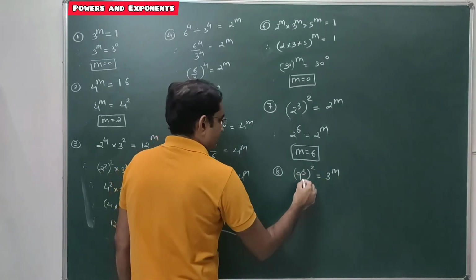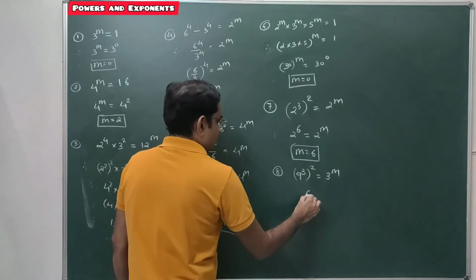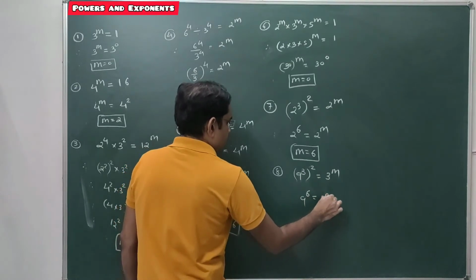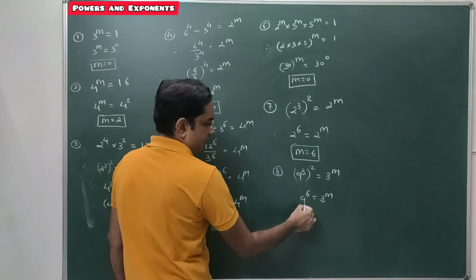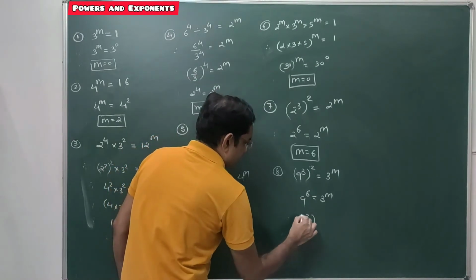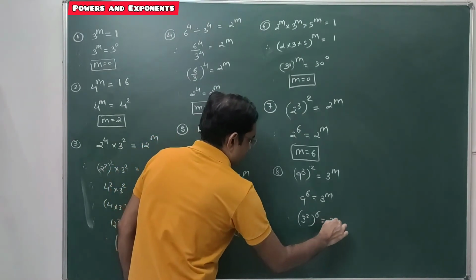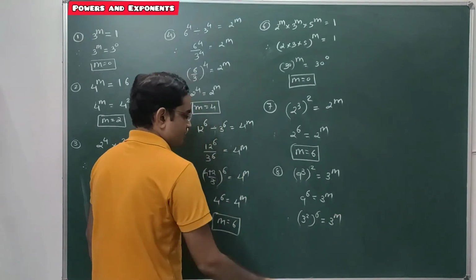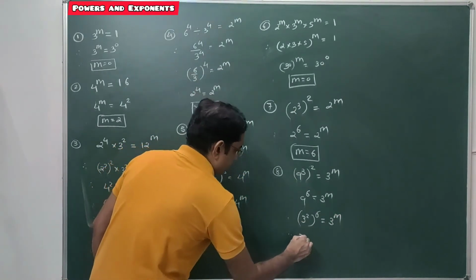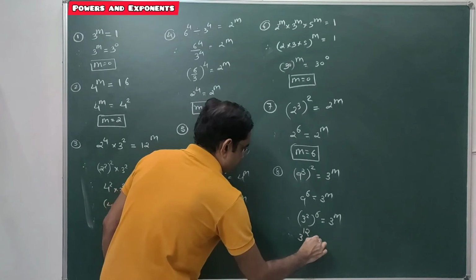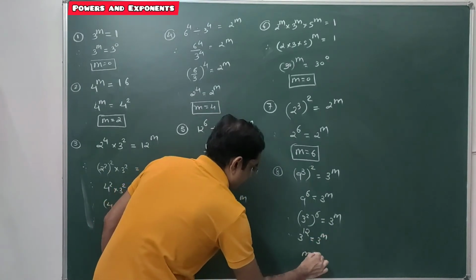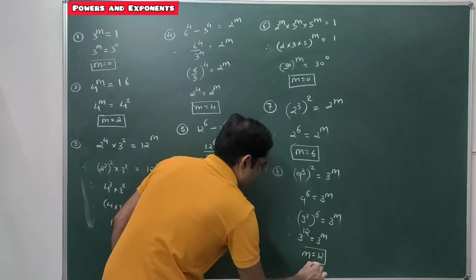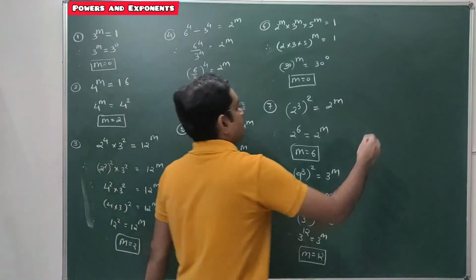So 9 raised to 3 times 2, 9 raised to 6, equal to 3 raised to m. Now to make this base equal, write this 9 as 3 square, raised to 6 equal to 3 raised to m. Therefore this one is 3 raised to 6 times 2, 12, equal to 3 raised to m. Therefore we are getting m equal to 12.